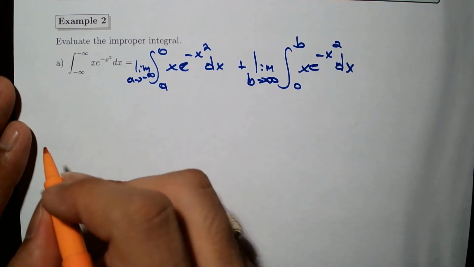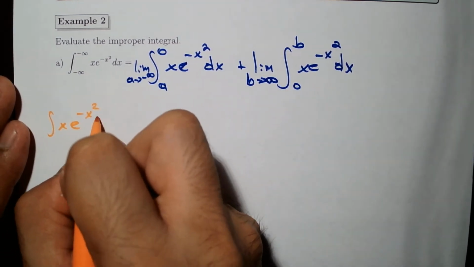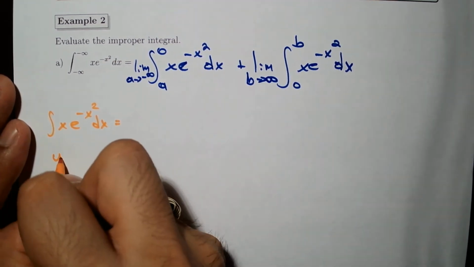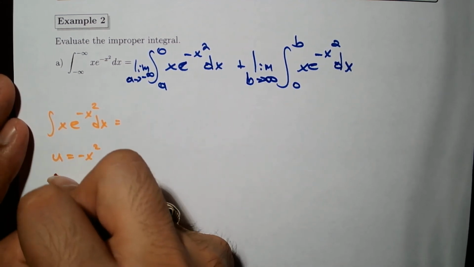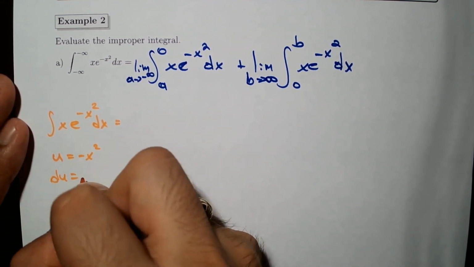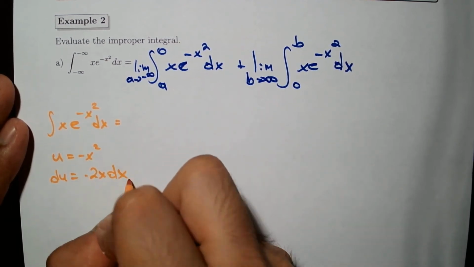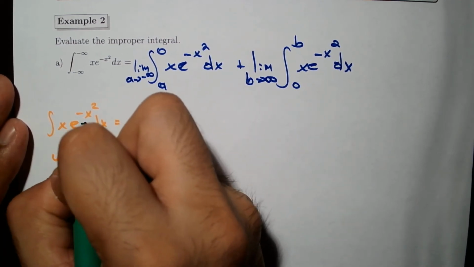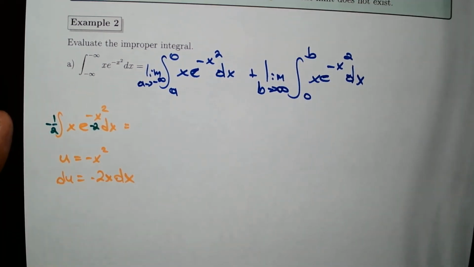So the integral of x e to the negative x squared dx. We would need a u substitution in which negative x squared would play the role of u, and du will be negative 2x dx. So in this case, we need the negative 2 that is missing in the integrand, provided we divide one out.